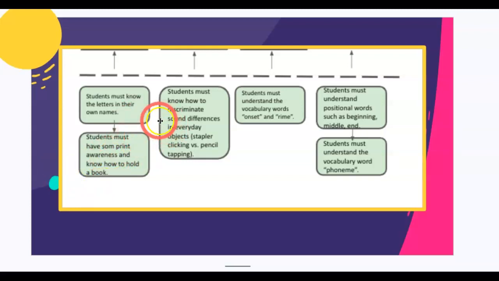They needed to be able to discriminate sound differences in everyday objects, such as knowing the difference between clicking a stapler versus tapping of a pencil. They needed to be aware of vocabulary words such as onset and rhyme. And they needed to understand positional words, such as where the beginning, middle, and end physically were in a word, and the understanding of the vocabulary phoneme. What did that mean?